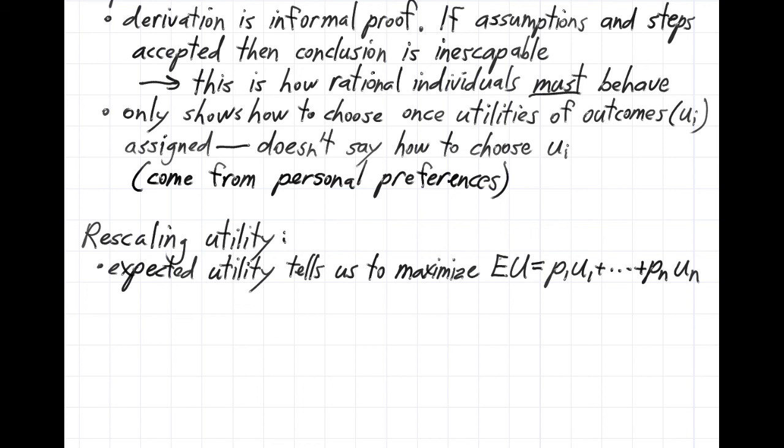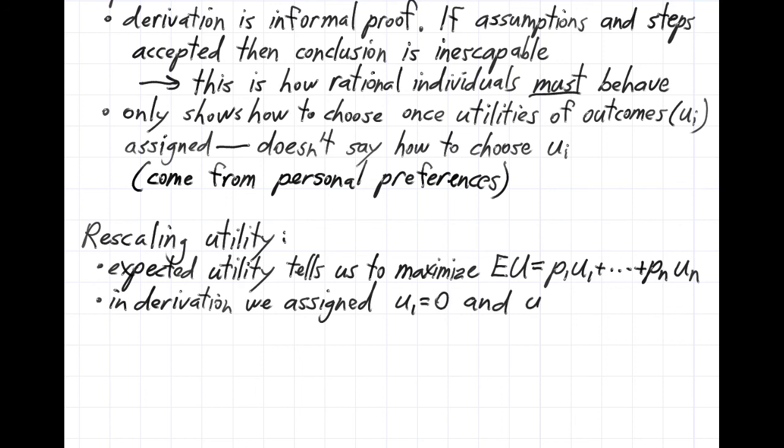And you'll recall that in this derivation, we assigned particular values of the utilities to the worst and the best outcomes. Those were U1 had 0 utility, and UN, the best outcome, had 1 unit of utility. But I want to make the point here that we can rescale that.